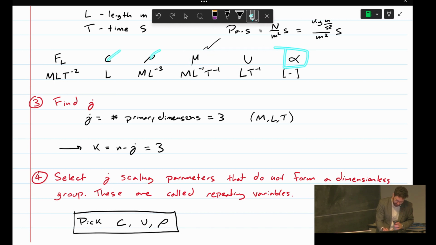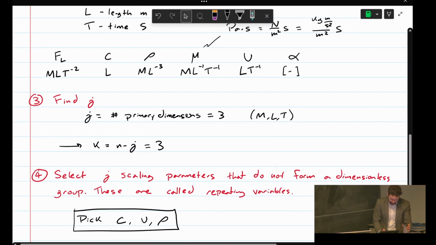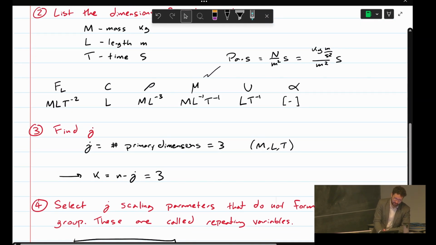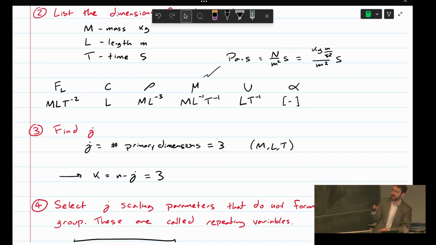Because we picked C, rho, and U. Each of our pi groups is formed by multiplying our repeating parameters by one of these. So we're going to get 3 pi groups, right? K is 3. One pi group will come from FL times our repeating parameters. One pi group will come from mu times our repeating parameters. One pi group is going to come from alpha times our repeating parameters, which ends up just being alpha. We'll see that.